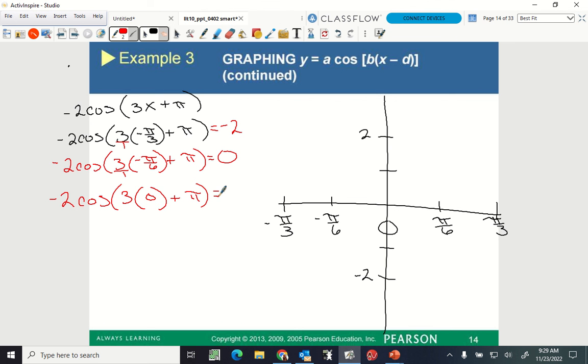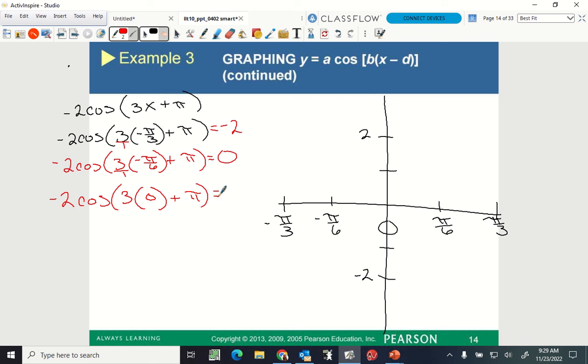All right, hopefully these fractions are easy on this one. What's 3 times 0? 0 plus pi, just pi, right? So where do you put your finger? Put your finger on pi. Pi is all the way to the left.